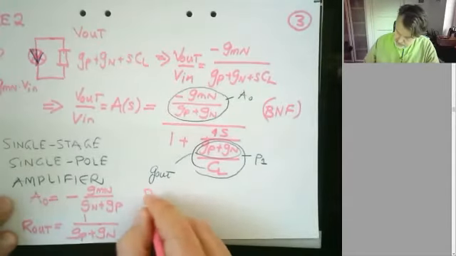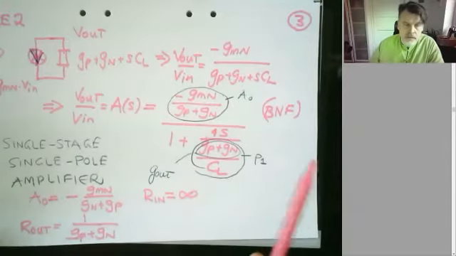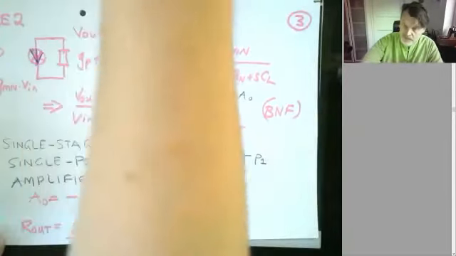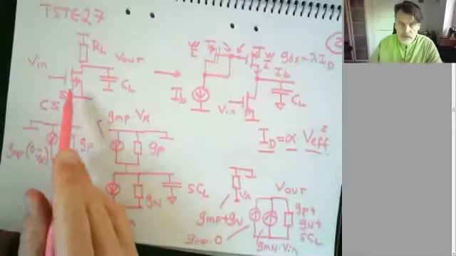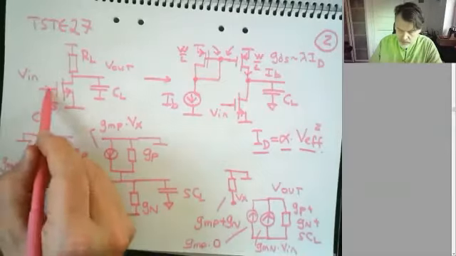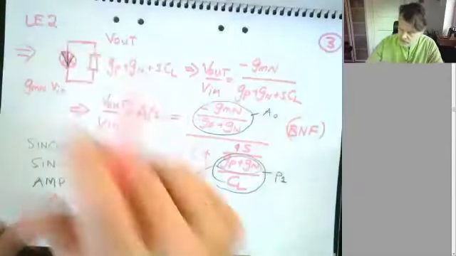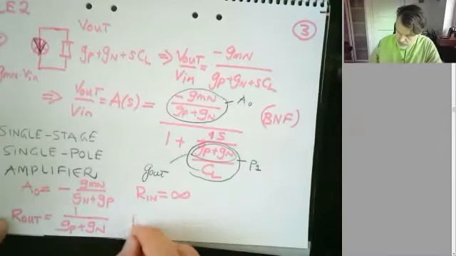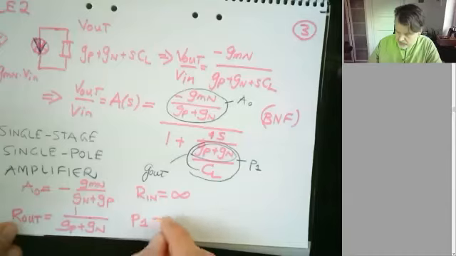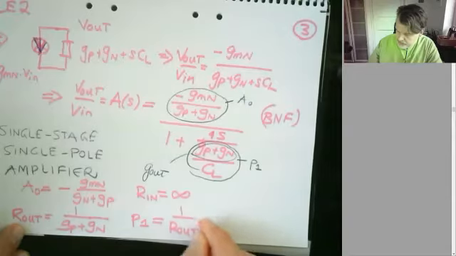And we have that R in is equal to infinity because we have a gate at the input, the signal is connected to a gate of a transistor. So there is no current going here, that's 0. So the input impedance has to be infinite. And then the pole P1, the dominant pole, is 1 over R out times C load, like that.